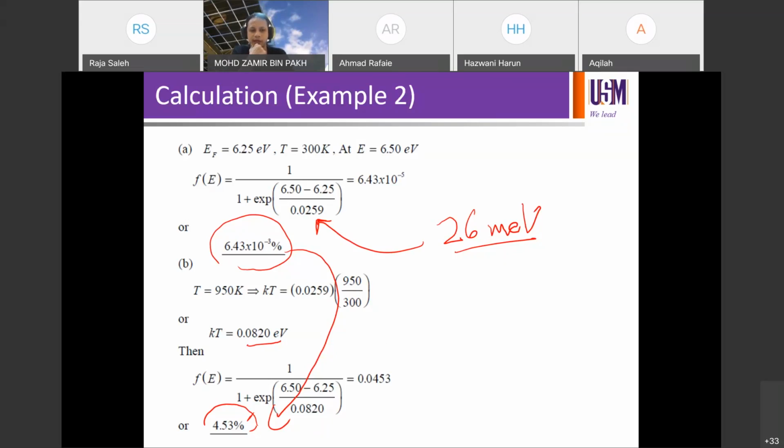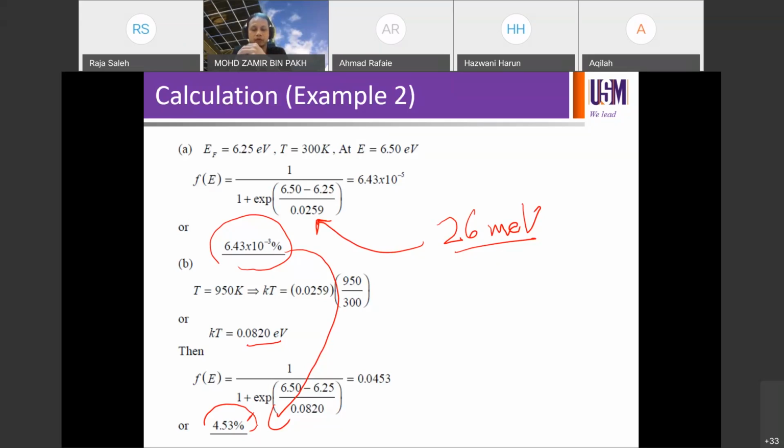Because your temperature is higher, how come your KT is lower? KT is proportional to temperature, right? So it cannot be lower. So if it's lower, then that means your calculation or conversion is wrong somewhere. So better recheck. That's why the moment you get your answers, please make sure that your answers make sense.